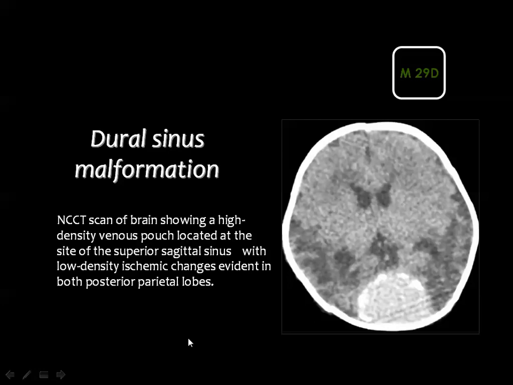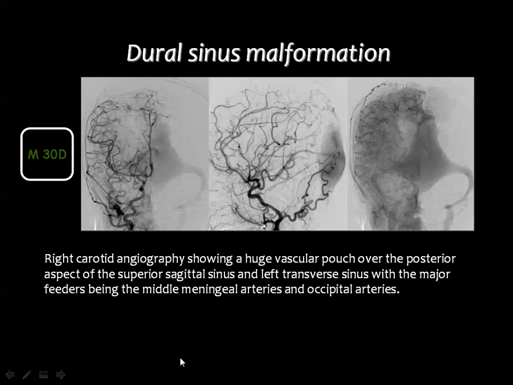The most typical site for the dural sinus malformation is the region of the confluence of the sinuses, where some of the small branches may communicate with the confluence of the sinuses, resulting in a huge dilatation and enlargement with stagnation of blood, of course.